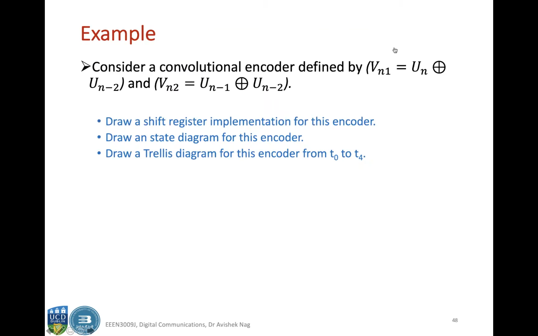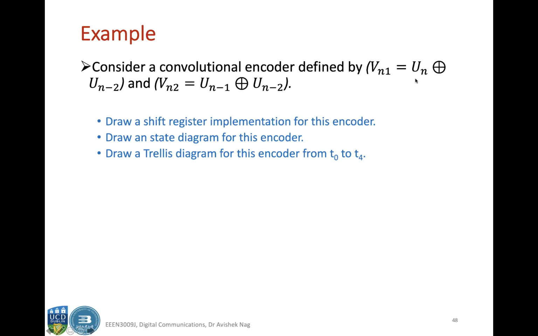So now moving on with the convolutional coding part. We'll do an example for convolutional coding. Let's consider a convolutional encoder which is defined by this.